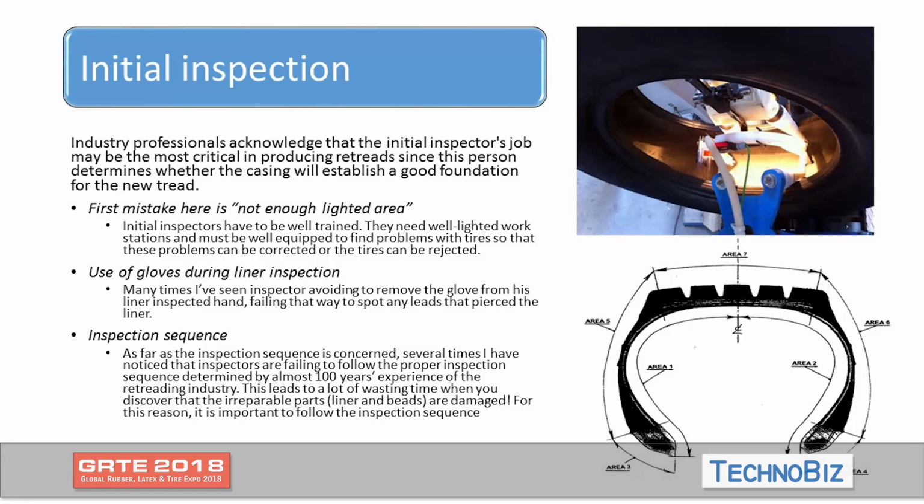So the correct inspection sequence starts from inspecting first the liner, then the bead, left and right, then the sidewall, and then, as the last point, the crown. Another important point that I found, still regarding these mistakes, is that inspectors are inspecting tires in poorly illuminated areas.